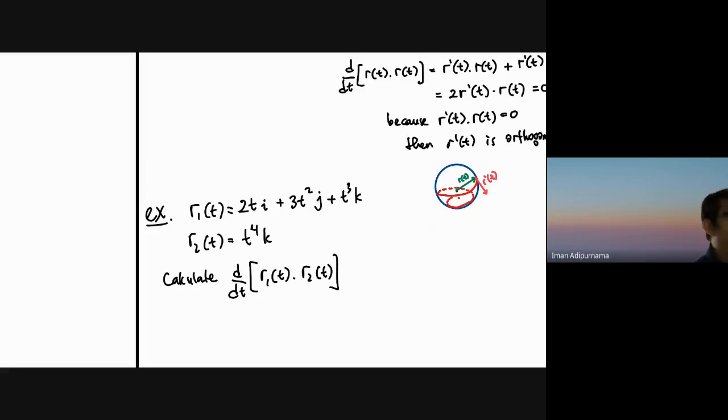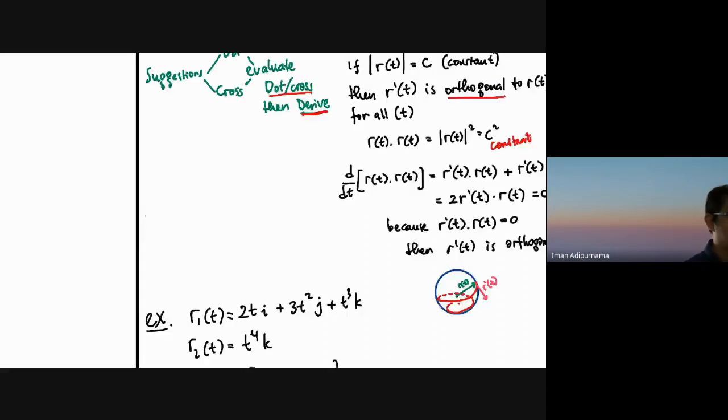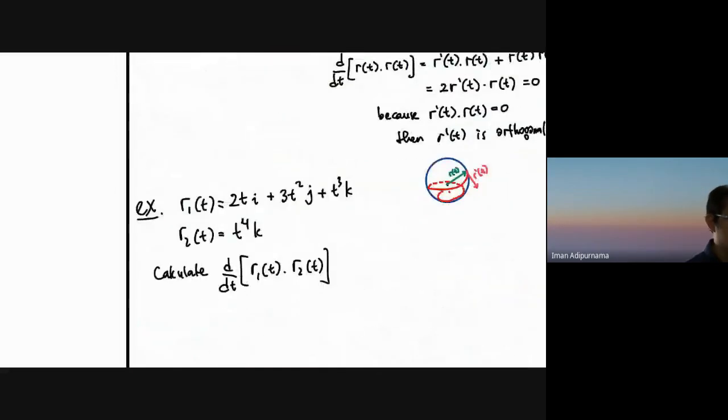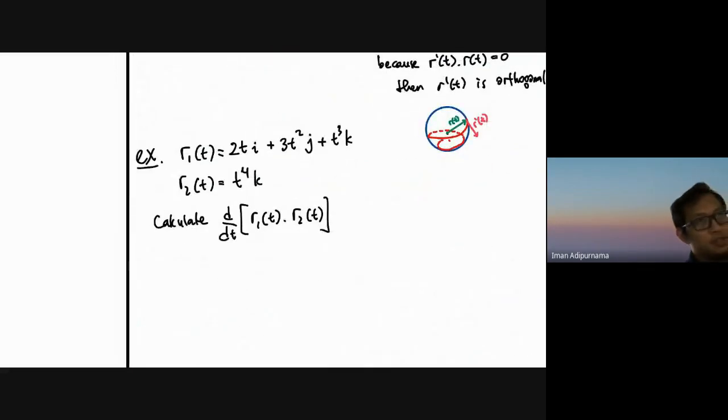So basically what my suggestions suggest to you is you don't really need to break down the formula into the expansions. You can try from this easy questions. So you can expand the dot first, or you can evaluate the dot and then derive. You can see which one is better for you. Both will be the same answers.